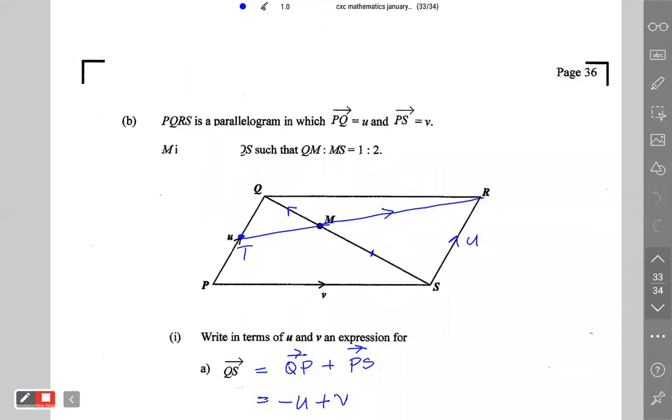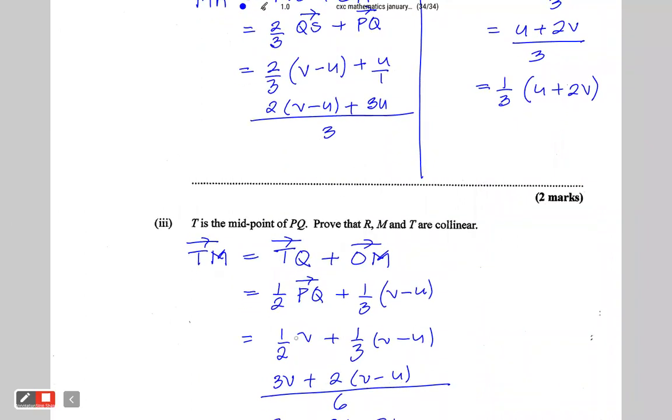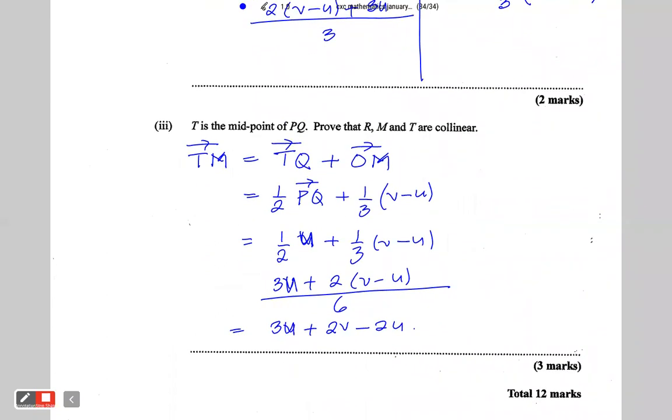Actually, it's not V, it's U. PQ is actually U, not V. Something looked like it was going wrong. So this is supposed to be U here and not V. All right, very good. So this is over 6.